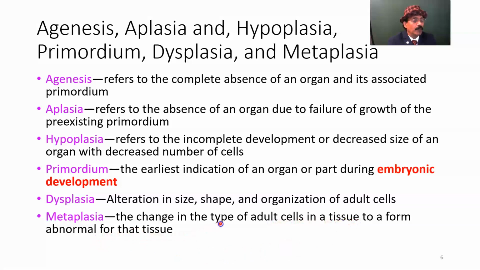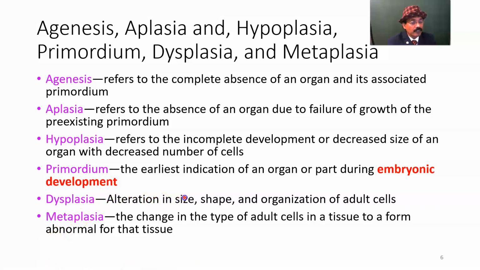That means one type of adult cell will be changed into another type of adult cell. Stratified squamous epithelium of the esophagus will be converted into columnar epithelium due to gastroesophageal reflux disease. That is a type of metaplasia.